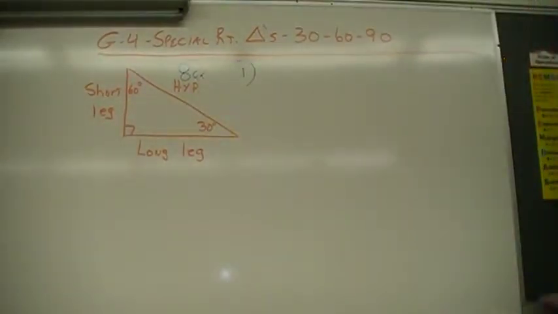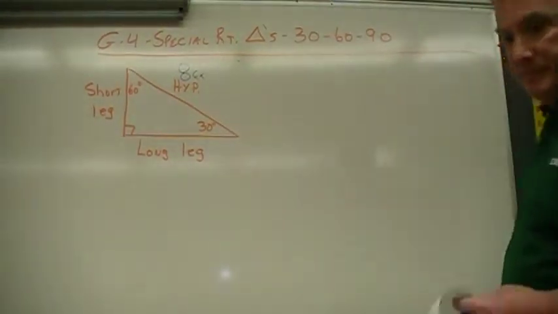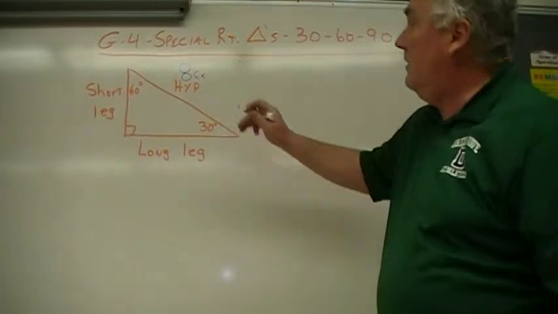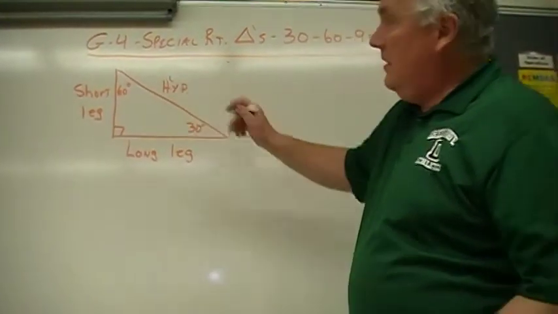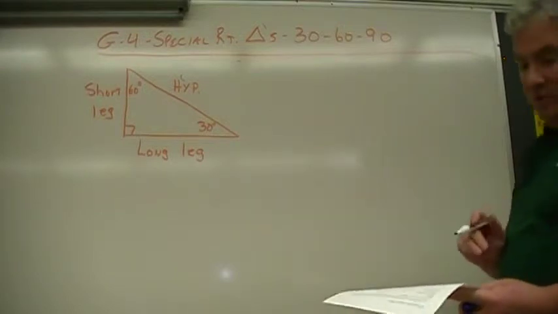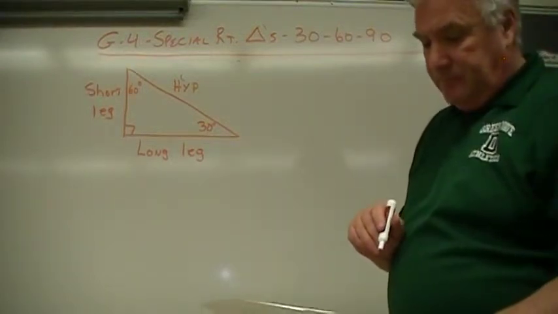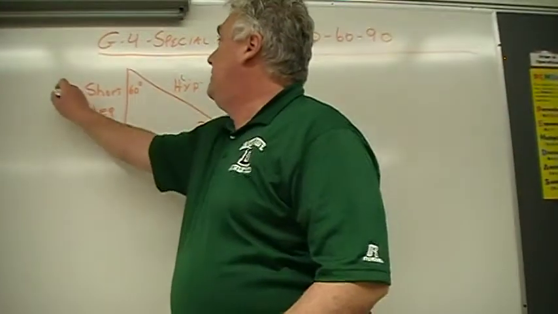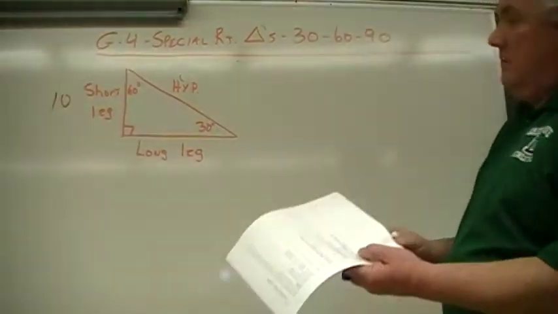Let's go to example number 2. Example 2 says what to do when given the shorter leg. So in number 2, this is actually the easiest one. So when given the shortest leg, we're going to say that the short leg is 10.